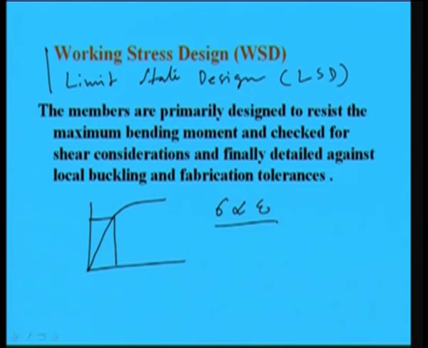Hooke's law tells that stress is proportional to strain. So, in the working stress method we take the value of fy up to this point, where the maximum strain is going to develop here. After that, this portion we are not going to consider, though the material can take some more load with some additional strain.